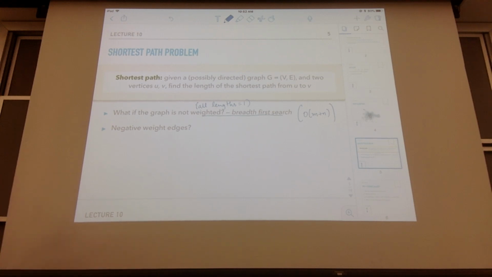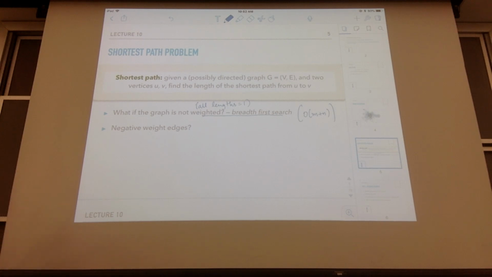And one thing maybe I didn't mention is what happens if you have negative weight edges. Firstly, is the problem well defined always? Remember the problem is just find the shortest length path. And if some of these lengths were negative, then what could happen? You can go in a loop that has net negative cost, and then you go around the loop forever.